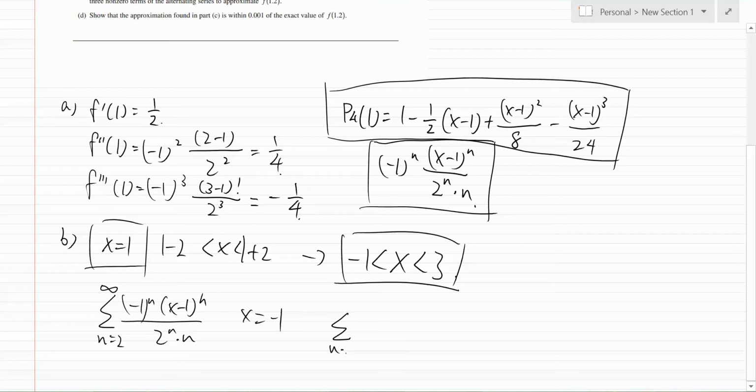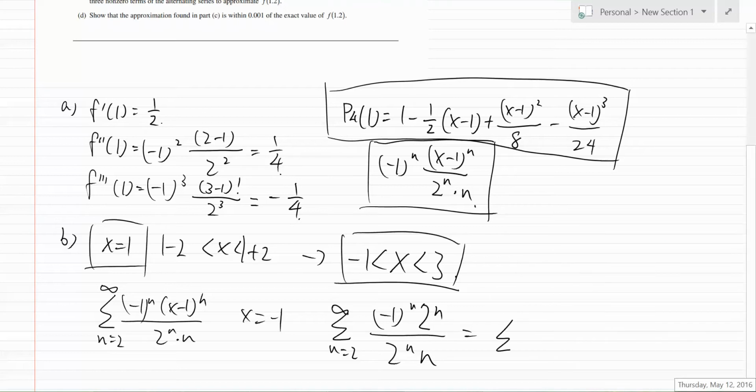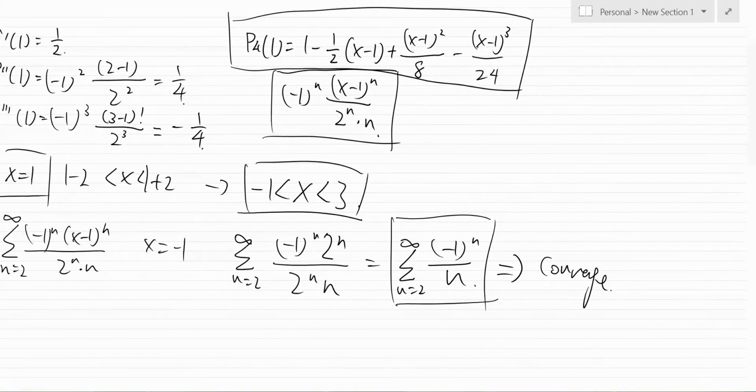So the sum goes to -1 to the nth times 2 to the nth over 2 to the nth times n, which is equal to the sum from n equals 2 to infinity of -1 to the nth over n. And we know this sum converges when n goes to infinity.